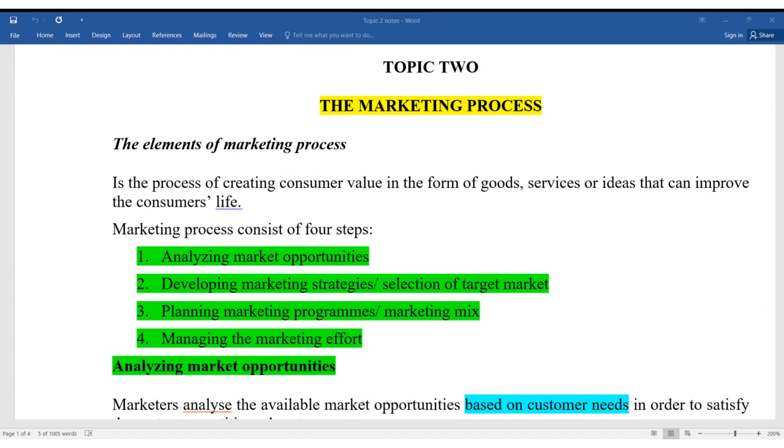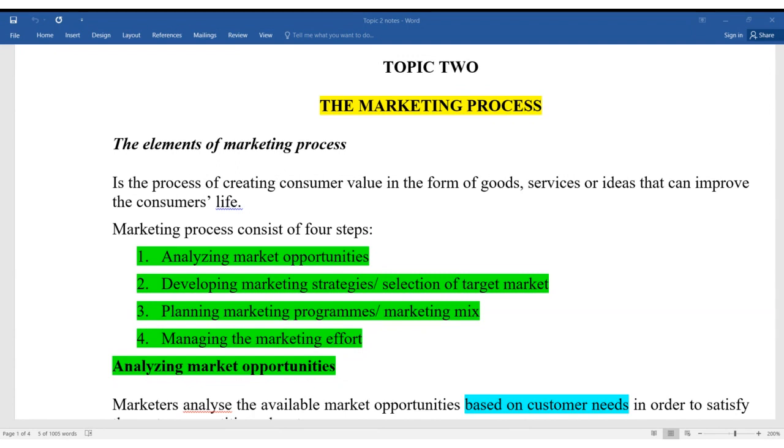So first and foremost, we want to look at what do we mean by analysis or analyzing market opportunities. Remember when we were discussing introduction to marketing, or the scope of sales and marketing, we defined the meaning of marketing, and we said that it is a management process that enables one to identify and satisfy customers' need.